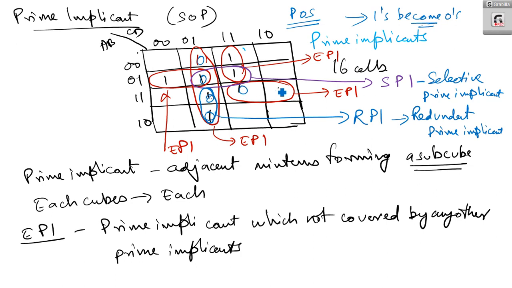That is the only difference while taking prime implicants. So I think you have got a concept of prime implicant, selective prime implicant, redundant prime implicant, and essential prime implicant. Okay. So while forming the minimized expression, essential prime implicants are having more importance. Okay.